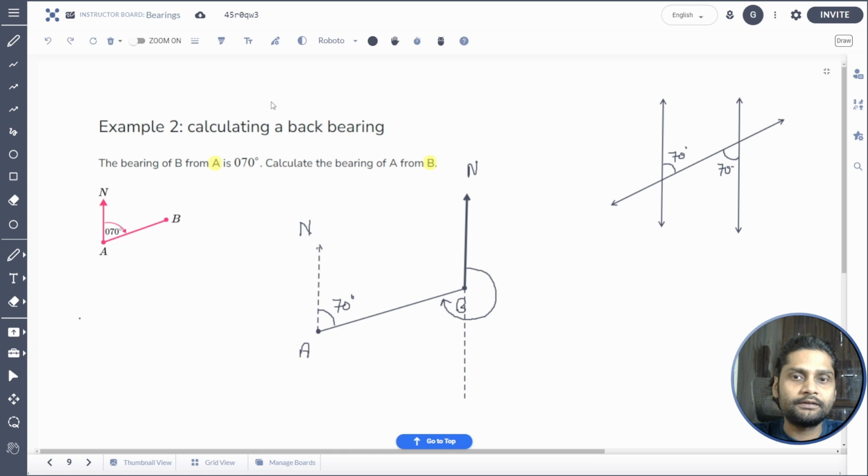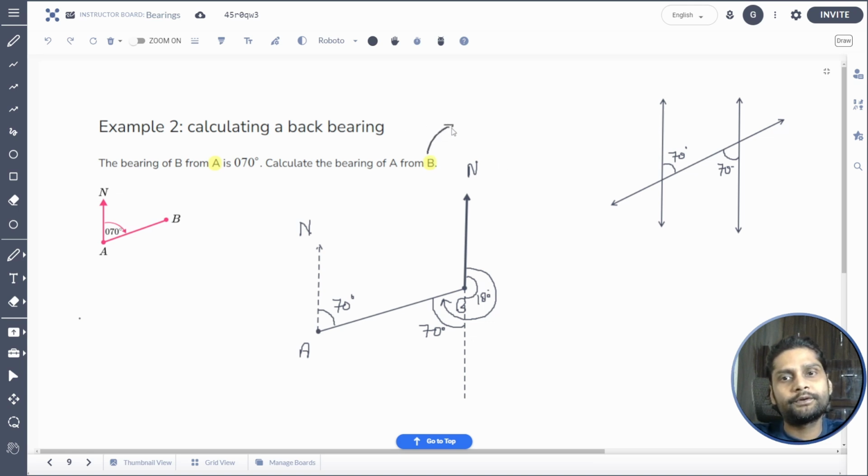So I can mark that this angle over here is still equal to 70 degrees. On the other hand, the angle on a straight line is 180 degrees. We can consider the angle from this north line to the opposite dashed line to be 180 degrees. So 180 plus 70 must be 250 degrees, and that should be the answer.